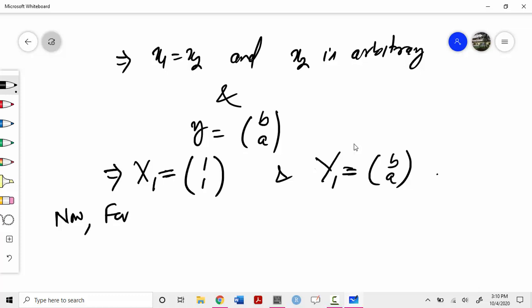Now for lambda equal to lambda 2 equal to 1 minus a minus b.